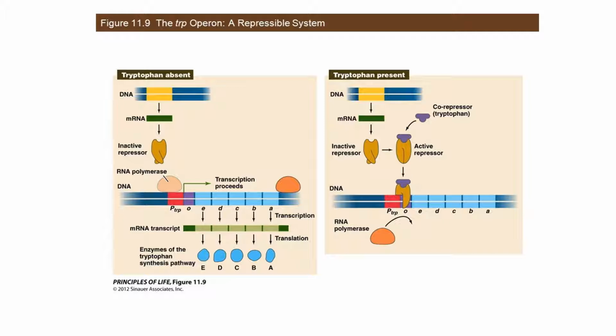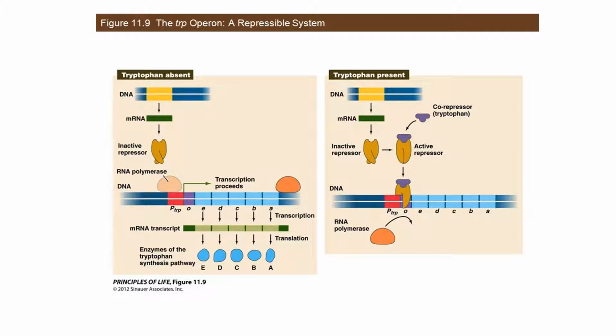The P-trp is the promoter for the trp operon, the O is the operator, and then EDCBA are the different genes that create the enzymes that allow tryptophan synthesis to occur. Since there's no repressor on the operator, RNA polymerase can attach to the trp promoter and go down and transcribe the mRNA transcript, which will eventually be translated into the enzymes used for tryptophan synthesis.